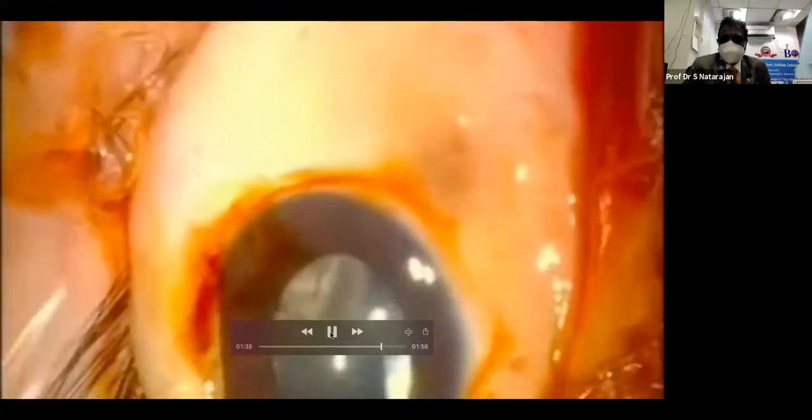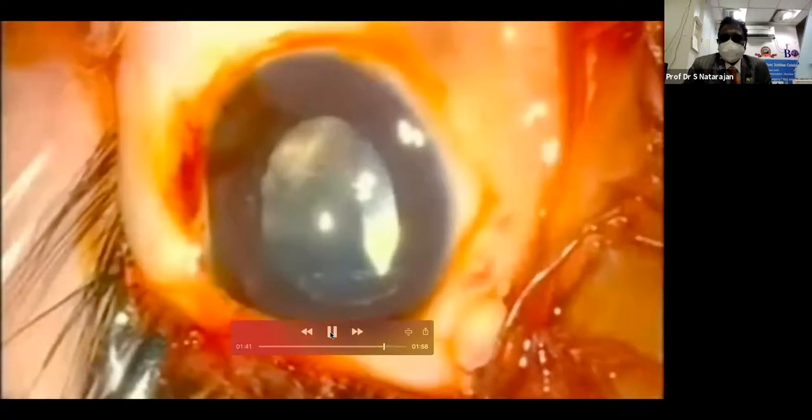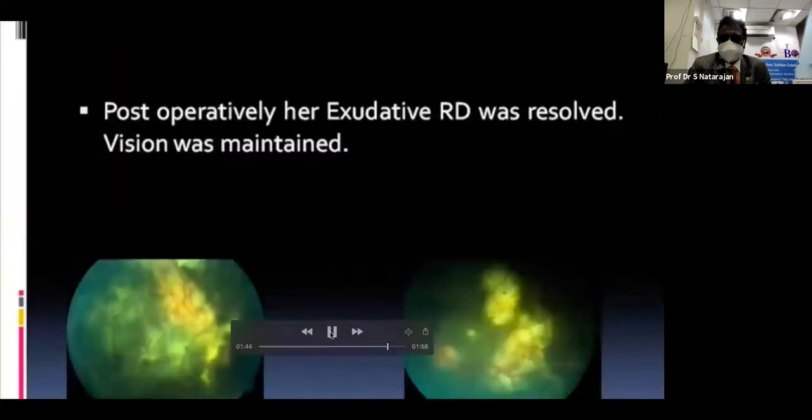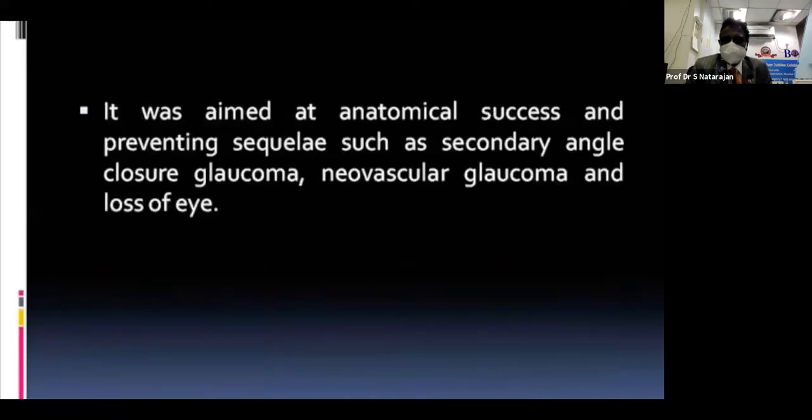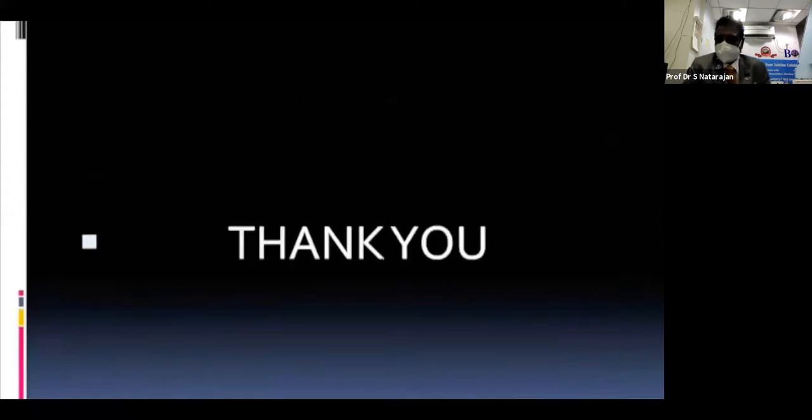Just going in posteriorly with the needle, and then finally injecting. This was the post-operative picture where the vision was maintained and the retina was attached. In the regular follow-up we look for any telangiectatic vessels, and if present, we give an anti-vascular growth factor injection, and if required, cryo or laser can be done.